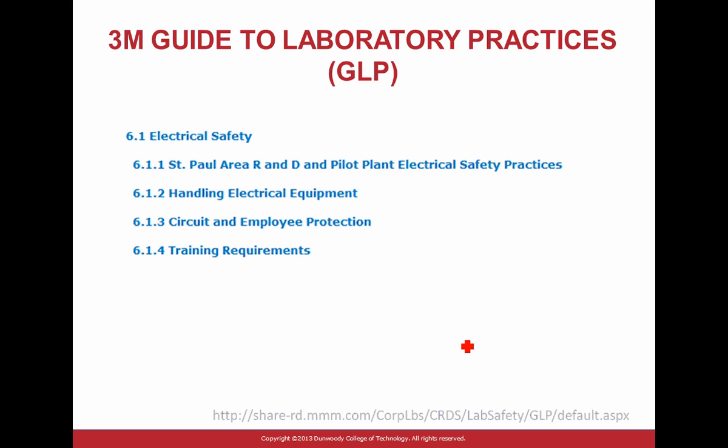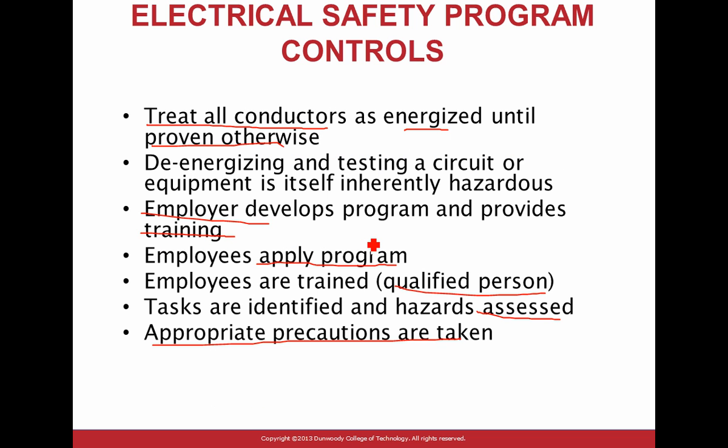I'm going to jump into this. You guys have something called Good Laboratory Practices. Maybe you can throw some light on that one. That's what I've been told. Your electrical safety here, St. Paul, R&D, and pilot. Okay, so we're handling electrical equipment, circuits, and employee protection and training requirements. That's part of your electrical safety programs.